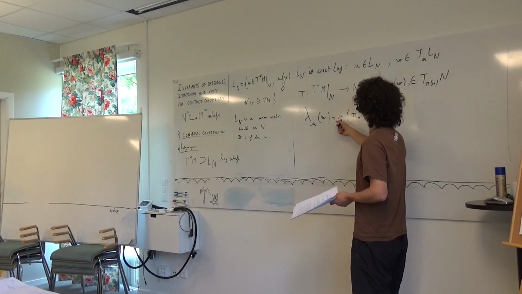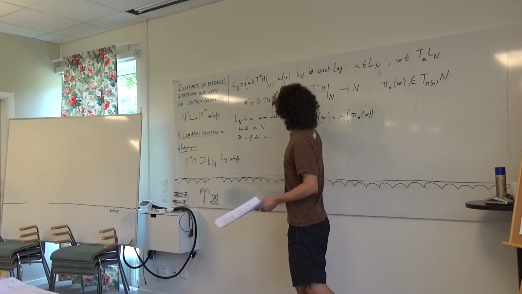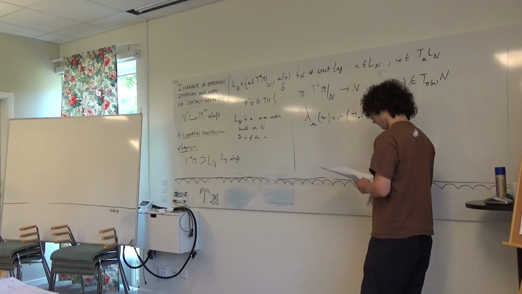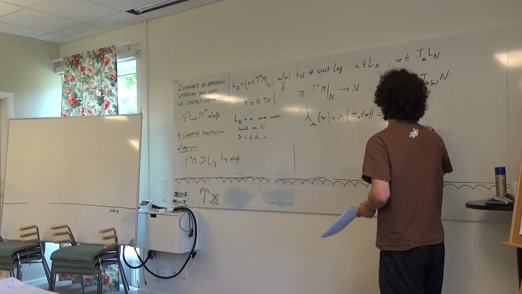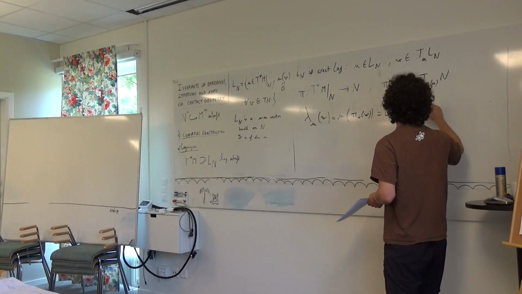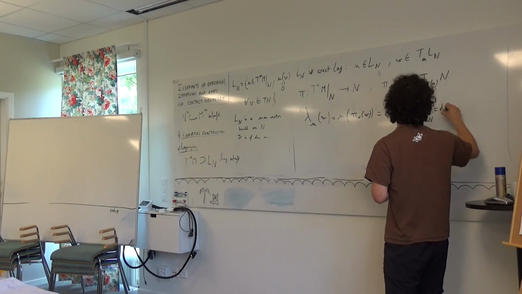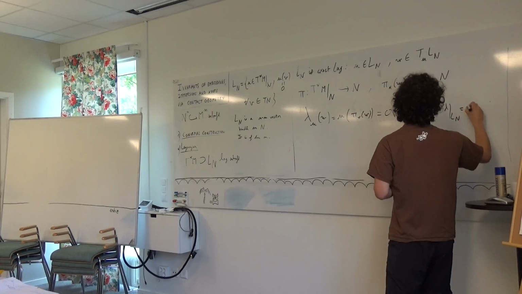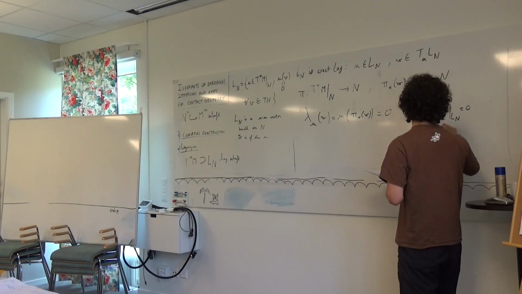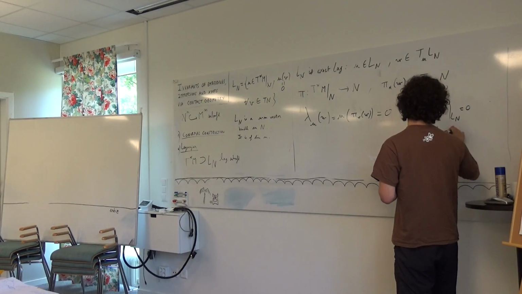And by definition of U, this has to be 0. So we have omega equals 0 and lambda equals 0, so exact.